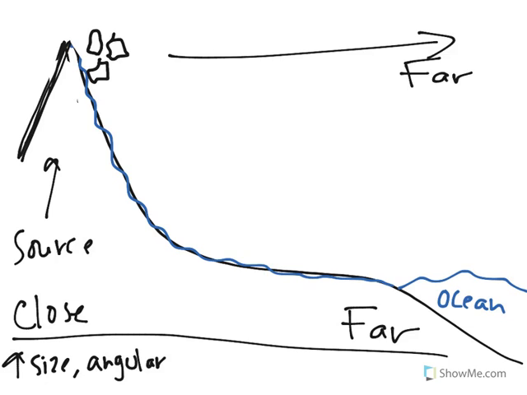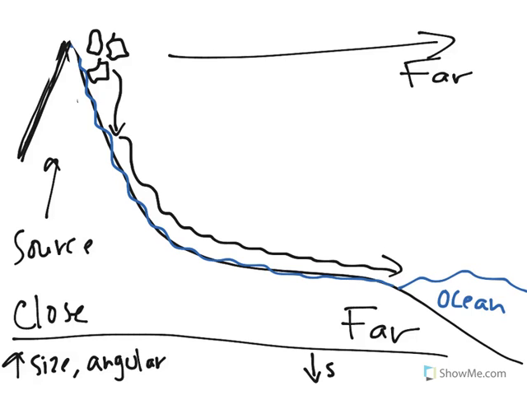Now, as this material gets swept up in this river and carried down out to the ocean, what's going to happen to the size? Those grains are going to roll around in the river. They're going to hit on each other, on the side of the river, on the bottom of the river. So what's going to happen to that size? Hopefully you said it's going to get smaller. So the farther you are from the source, the smaller the size.